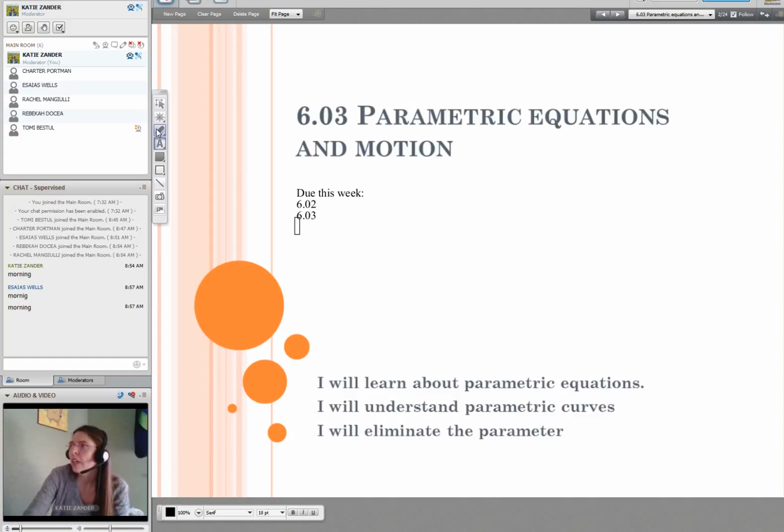Before we get there, though, just a few announcements of what's coming up here. Due this week, obviously, we want to make sure we're staying on pace with the calendar. So, we want to get in the 6.02 lesson if you haven't already done so. And then we'll want to turn in that 6.03, and hopefully, you'll be able to do that after today's class.